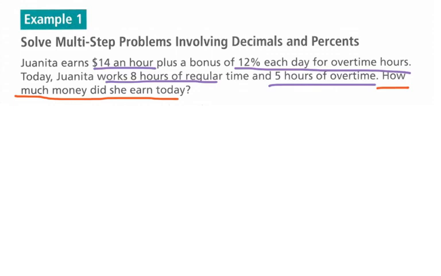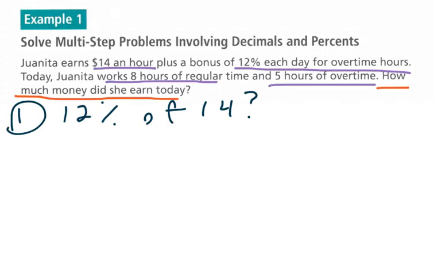So the first thing I'm going to do in this problem, my first step, I need to figure out how much she was getting paid for overtime. So it says that she's getting 12% each day for overtime hours. So if she's getting $14 an hour, what they're saying is that she gets 12% of that $14 for every overtime hour. So I got to figure out what is 12% of 14. So that's my first step.